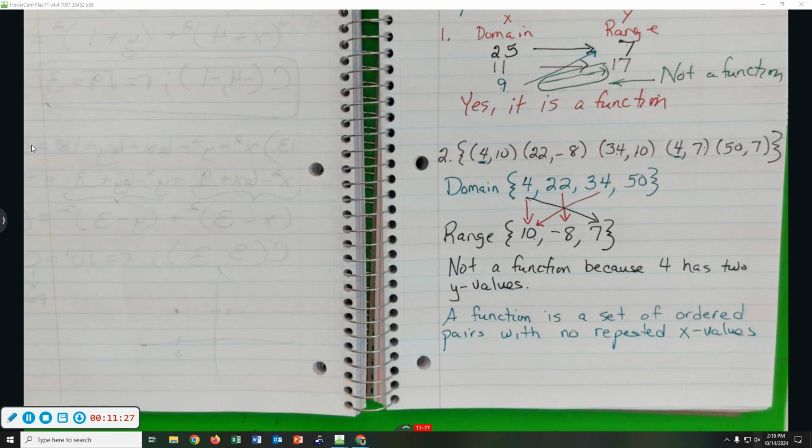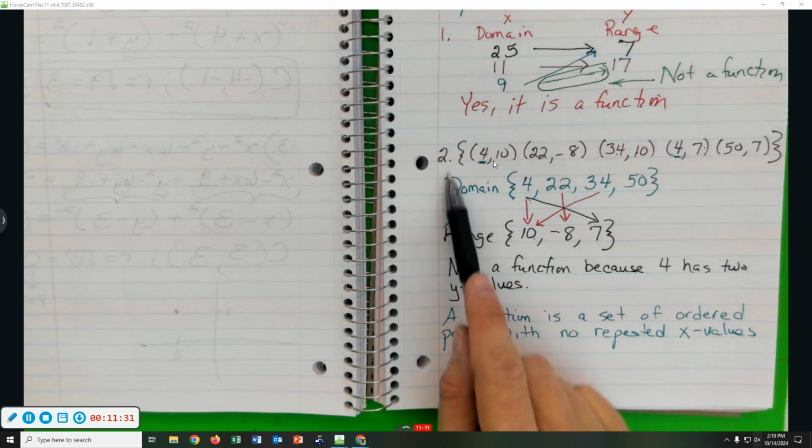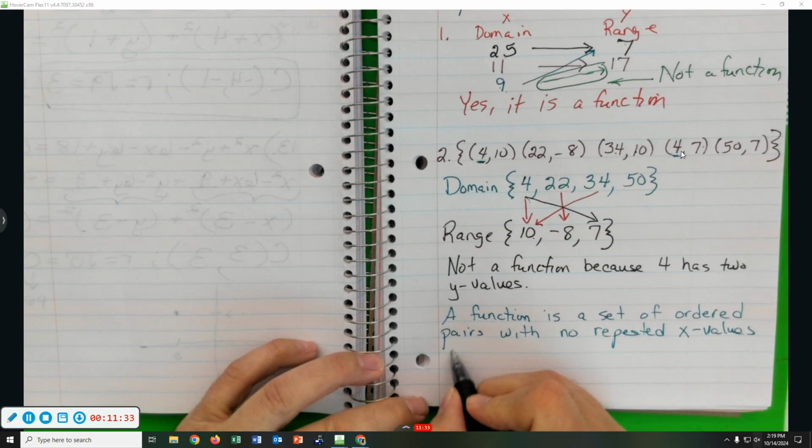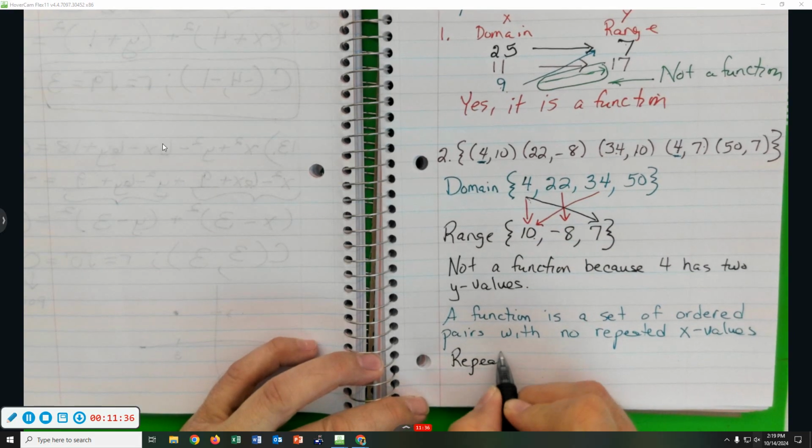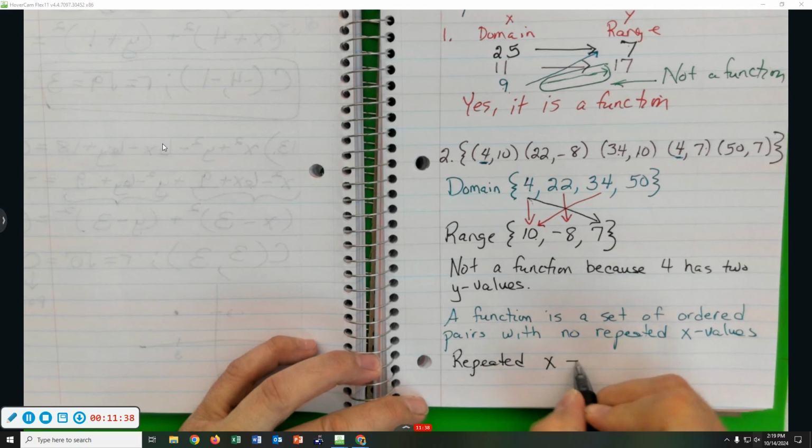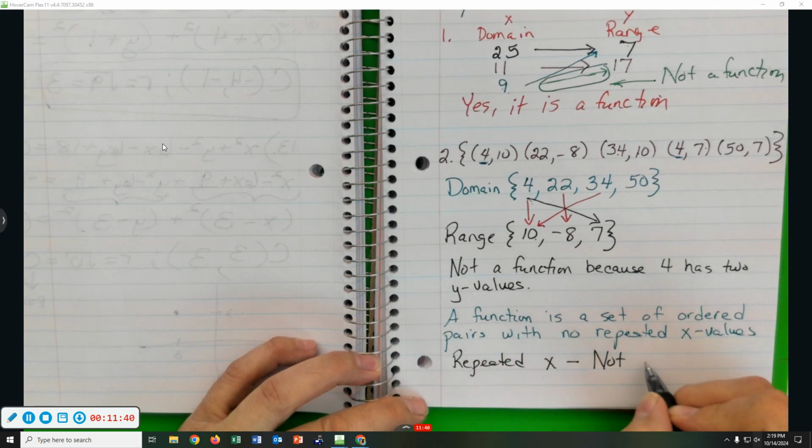So if you have a listing of ordered pairs, look right up here. If there's a repeated x, not a function. Not a function.